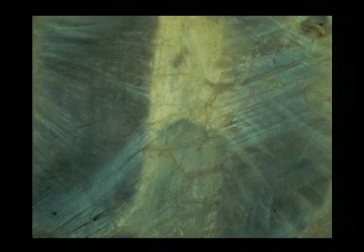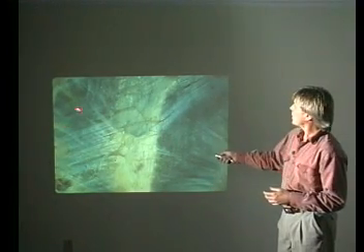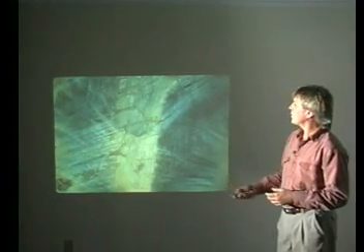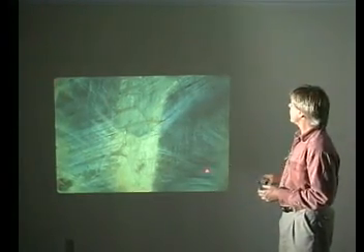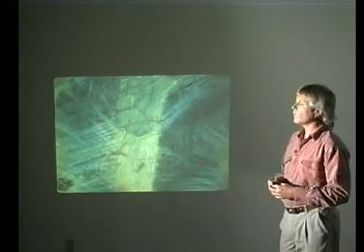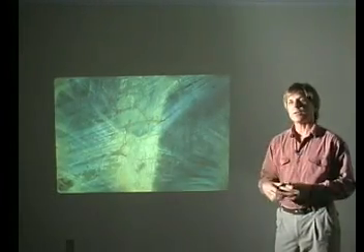This slide shows us the sternum, the breastbone, and you can see just right out at the edges of the slide, you can see the beginning of the pectoral muscles. And what you see going here are the fibers that go across from one side to the other.